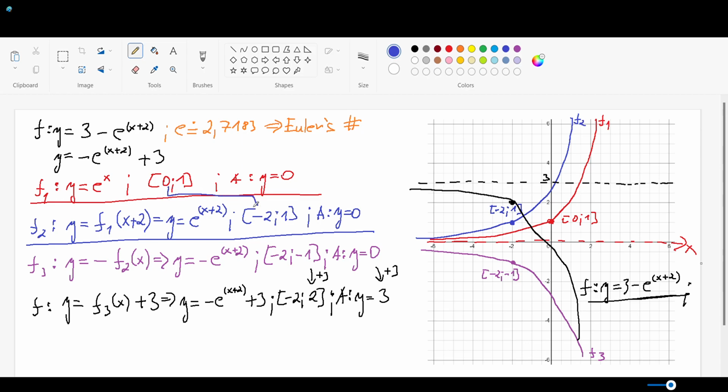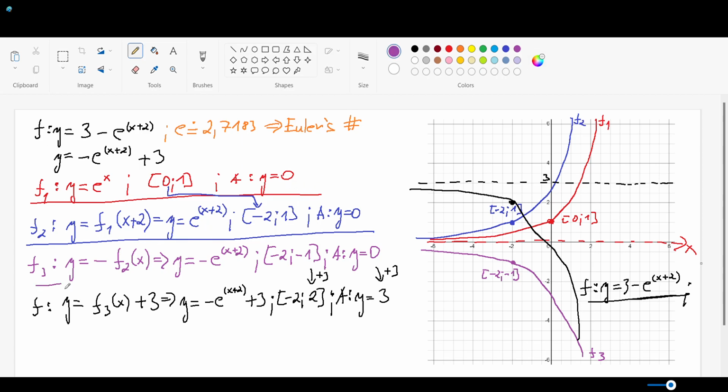So the x coordinate 0 becomes -2, and this transformation doesn't impact our y coordinate or our asymptote, so the asymptote remains in the same place.